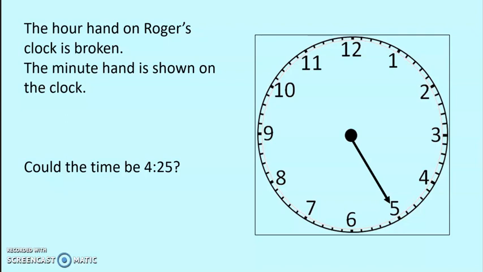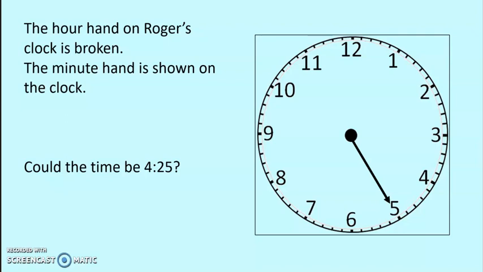Think about which numbers the hour hand and minute hand would be pointing to if the time was 4:25. Where would the hour hand be pointing? Where would the minute hand be pointing? What hand do we see on Roger's clock right now?